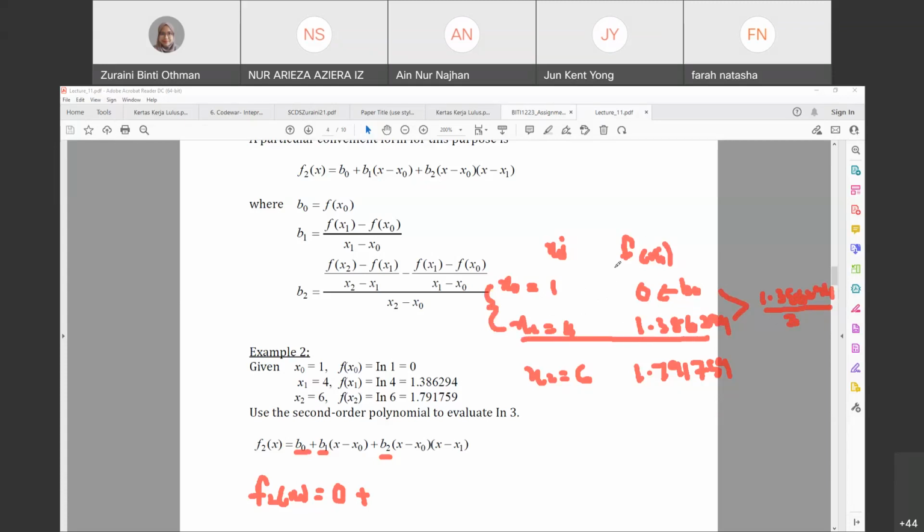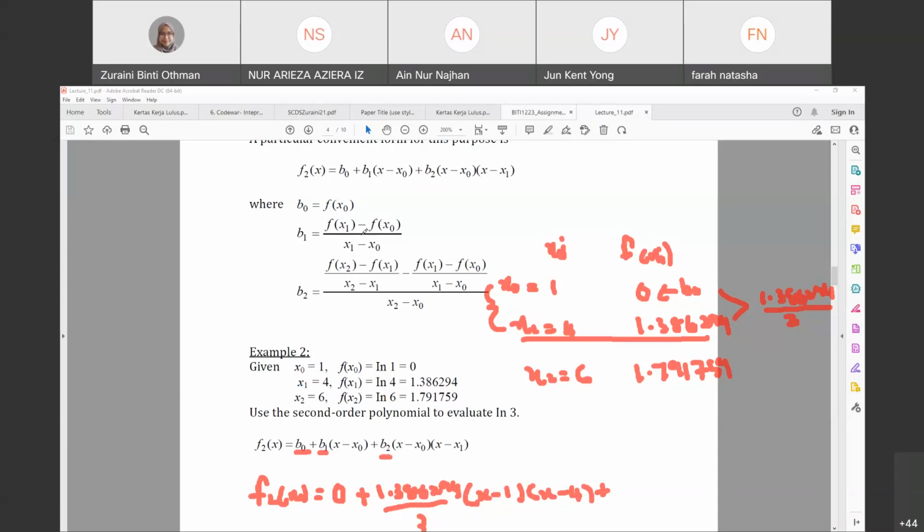Okay, this is our B1, which mean 1.386294 bahagi dengan 3, 4 tolak 1 is 3. Okay, this is x tolak x0: x tolak 1, then x tolak x1, which is 4, x tolak 4.